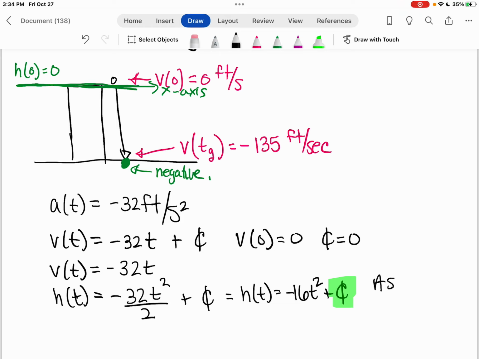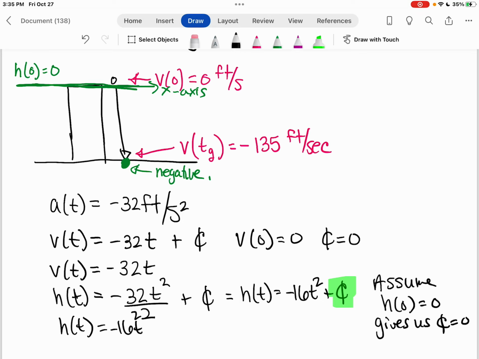So making that assumption that h of 0 is equal to 0 gives us that C is equal to 0. So now that gives us our height function is just negative 16t squared. Gotta give myself some more room here. Hold on.